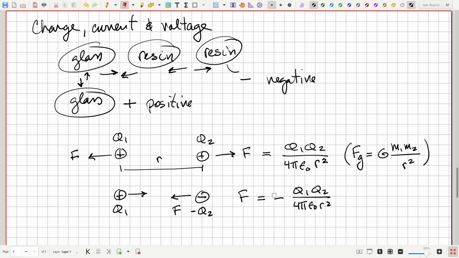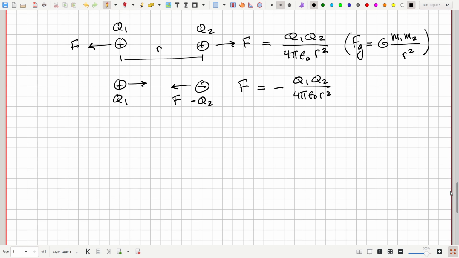Now, we mostly ignore electric charge in our day-to-day life unless we get a static shock. Right? We scuffle our feet along a carpet and touch a doorknob and we get a little shock. And the reason is that most material is electrically neutral.